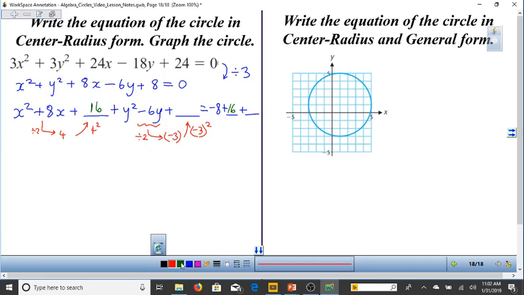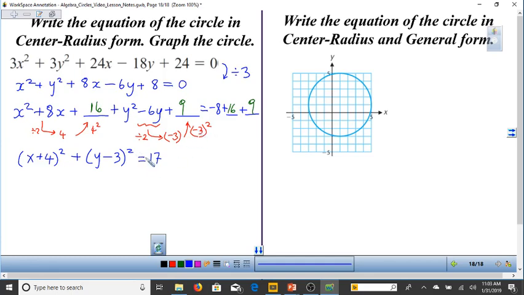And then when I do the perfect square over here, it's basically x plus 4, which is the 4 I got from dividing here, squared, plus y minus 3, which is a minus -3 I got from here, squared, and that's equal to 17. And that we have is our equation in center radius form.